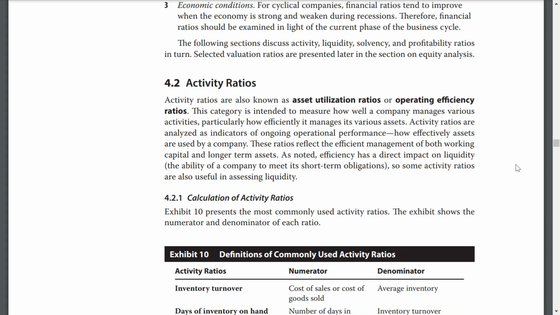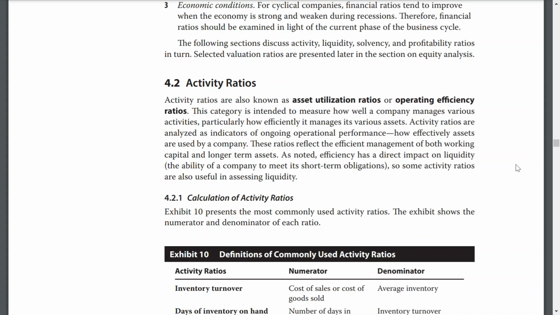These ratios reflect the efficient management of both working capital and long-term assets. As noted, efficiency has a direct impact on liquidity, the ability of a company to meet its short-term obligations. So some activity ratios are also useful in assessing liquidity.